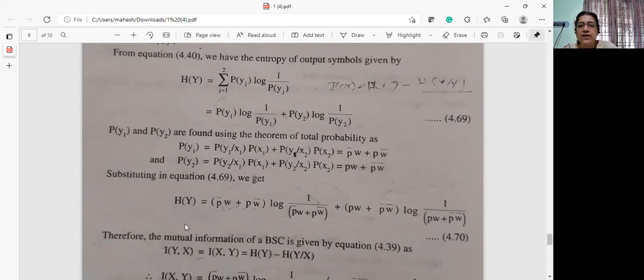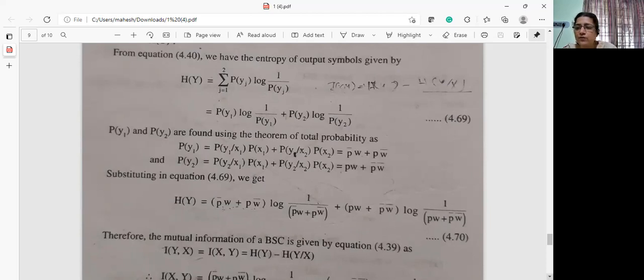Then you substitute the values in H of y. H of y is P of y1 log of 1 by P of y1 plus P of y2 log of 1 by P of y2. Substitute the expressions for P of y1 and P of y2. You get this equation for entropy. That is, P of y1 is P bar W plus P W bar, so substitute P bar W plus P W bar log of 1 by P bar W plus P W bar.